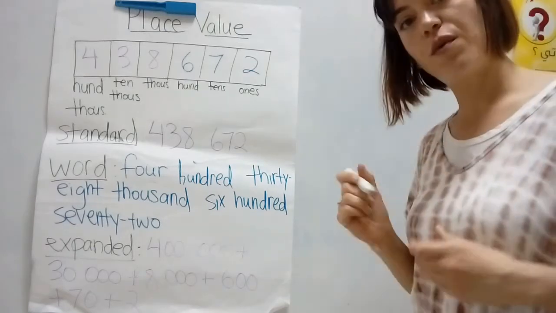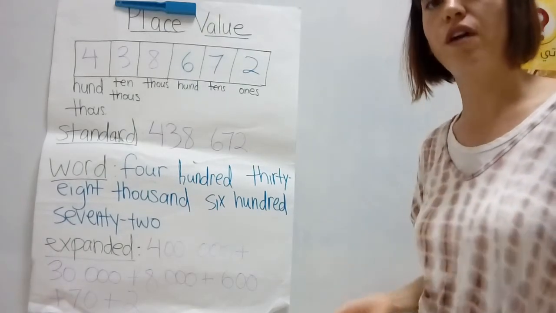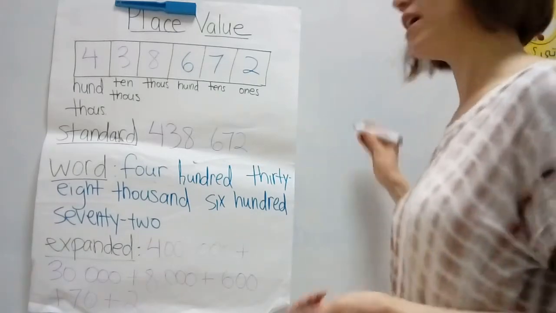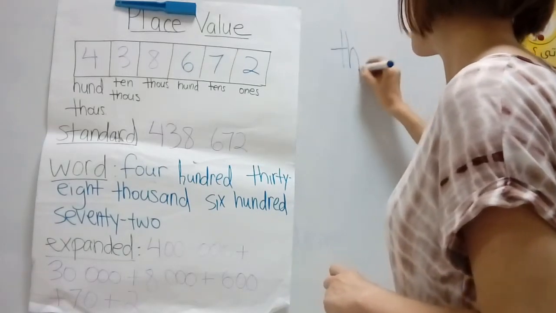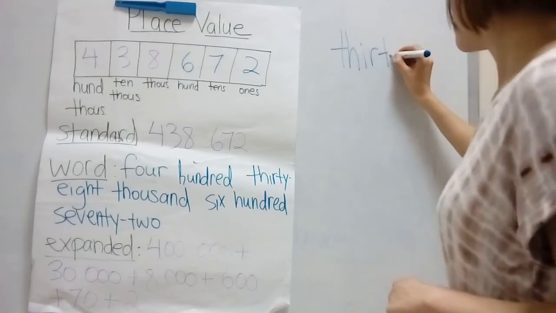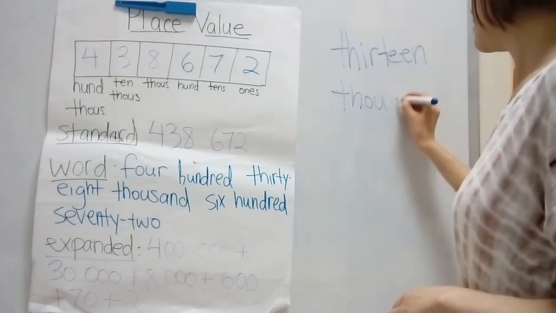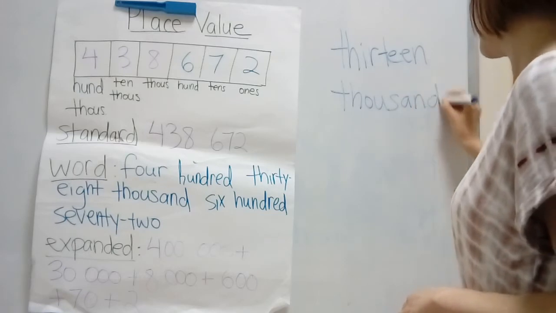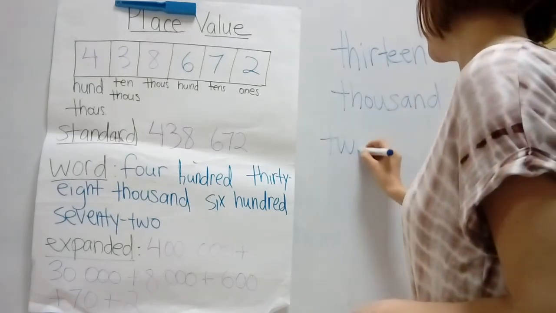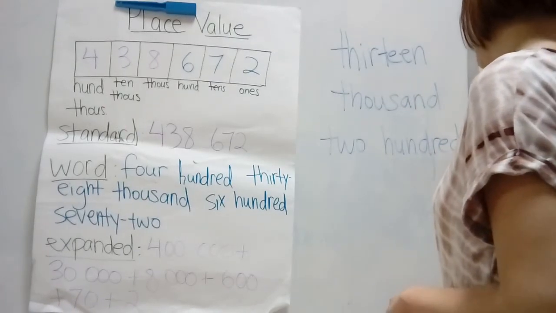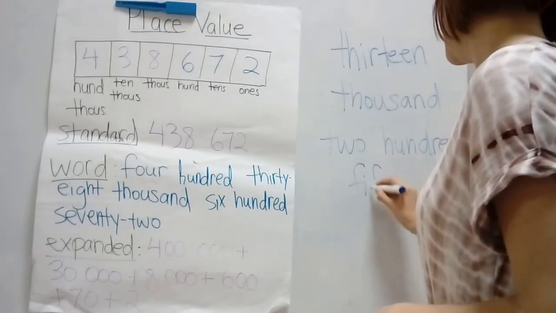If I gave you a number in words and asked you to write it in standard form, I might write 13,000 215.